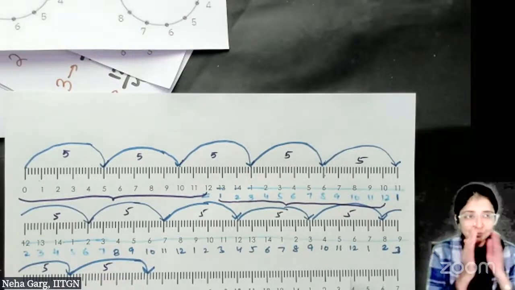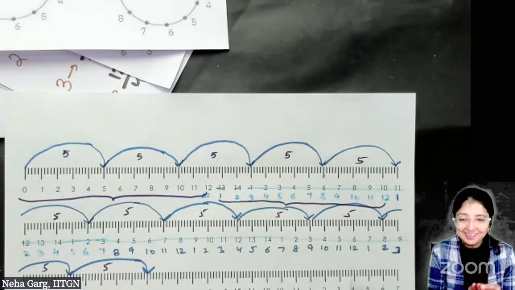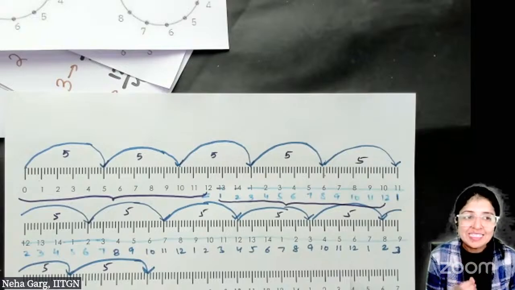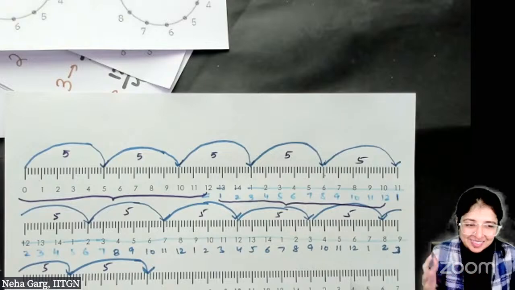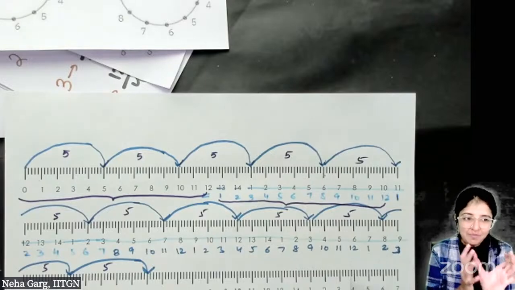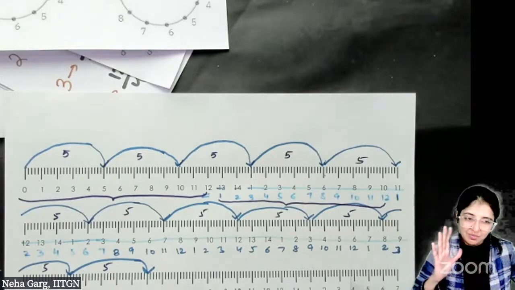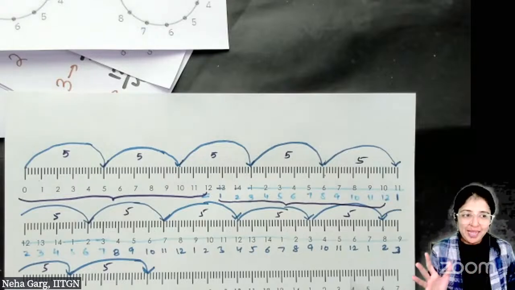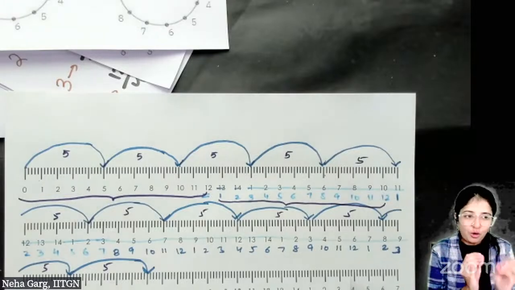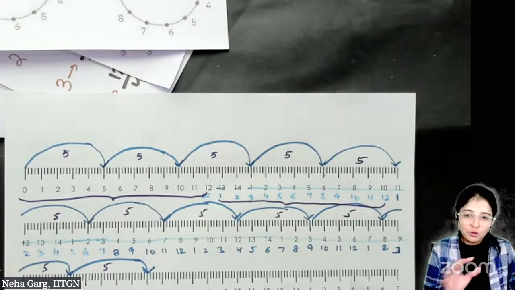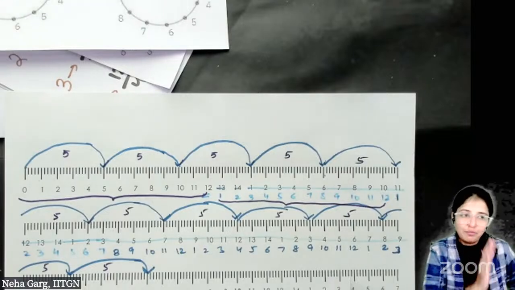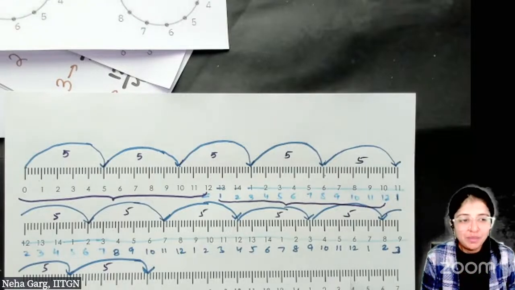60. And here your concept of LCM comes into the picture. What is LCM? You have some smaller groups, you have some larger groups, and you are trying to make them equal. What you do is start putting small groups until you reach a number where both the blocks become equal.